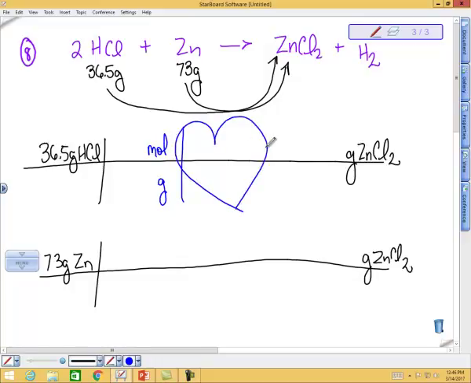The mole to mole ratio. And where does that mole to mole ratio come from? The balanced reaction. Yeah, these ratios up here. So we'll do a mole ratio, and then at the very end, you're going to change your moles into grams.